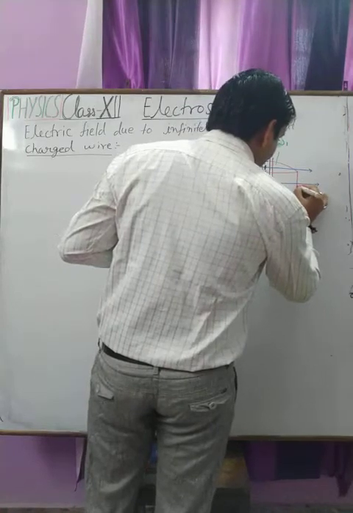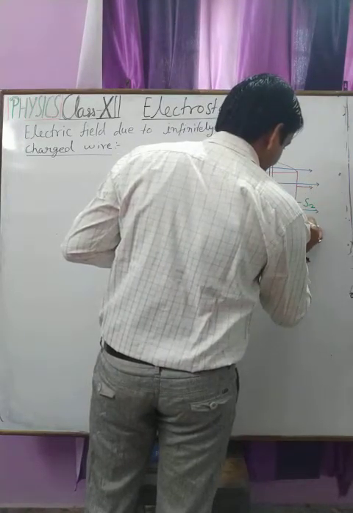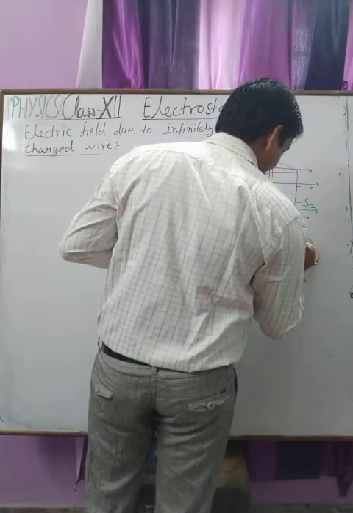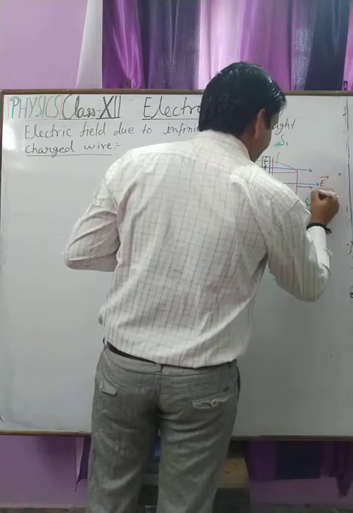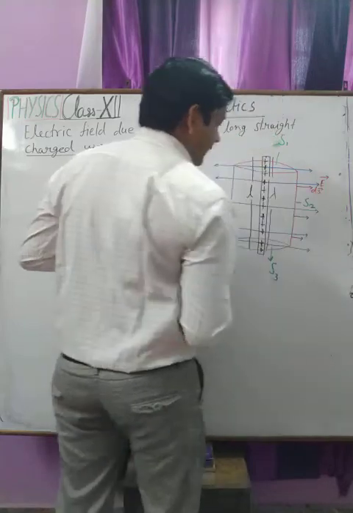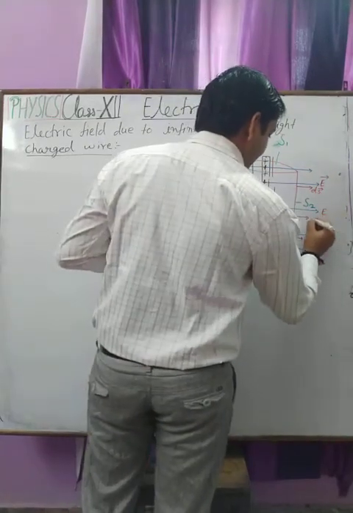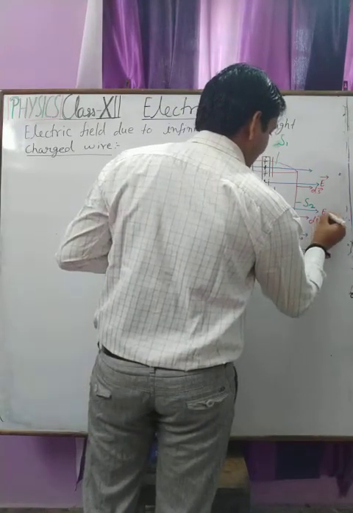Now the area vector for these surfaces. Area vector for the curved surface, vector E, vector ds.